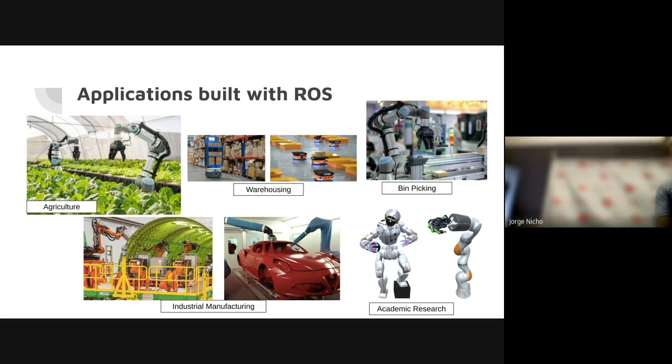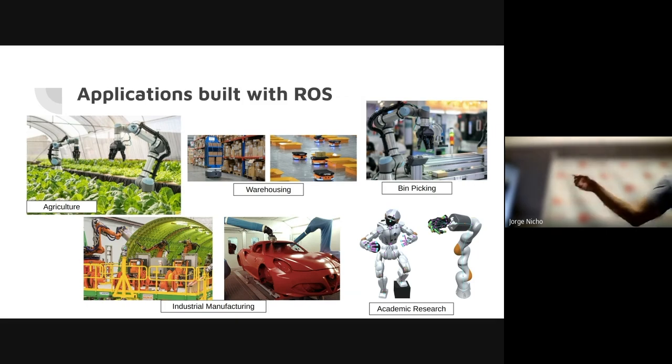Applications built with ROS, I showed a few earlier, but there's a lot more that have been built. There are robotic applications built with ROS for agriculture, like plant picking. Obviously, we've all seen some warehousing robotics, probably one of the more mainstream robotic applications. There are a lot of applications with ROS for bin picking.